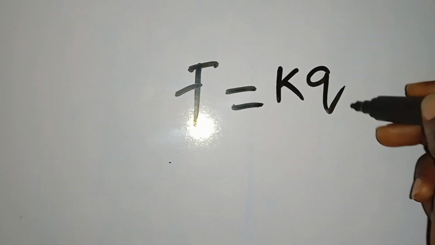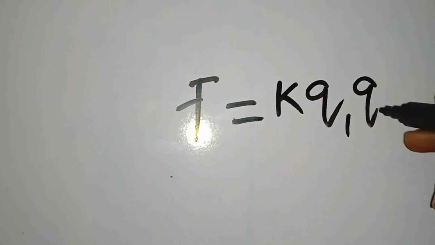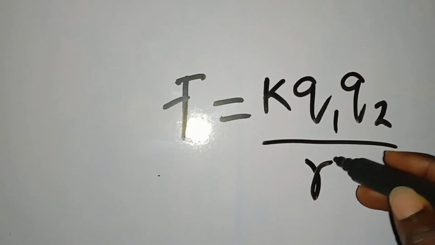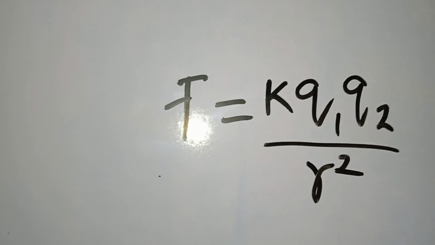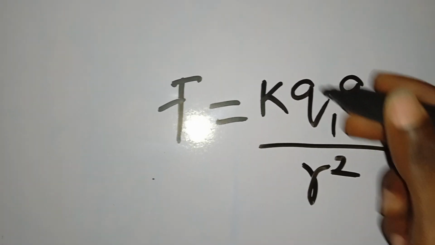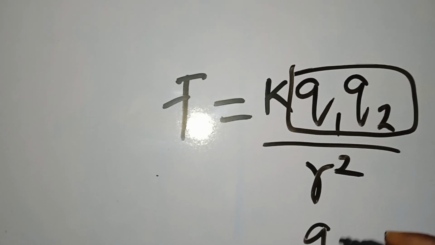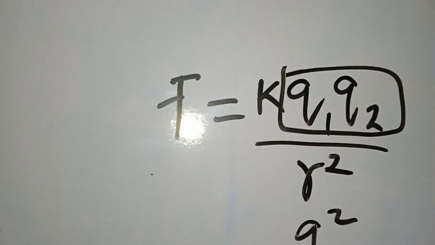The force of attraction between two point charges is directly proportional to the charges and inversely proportional to the square of their distance apart. Notice something: charge is the unit, so it's the same thing as Q square over R square.